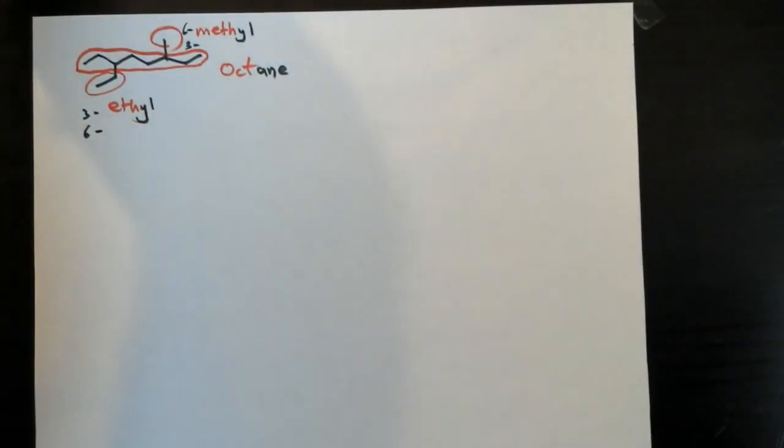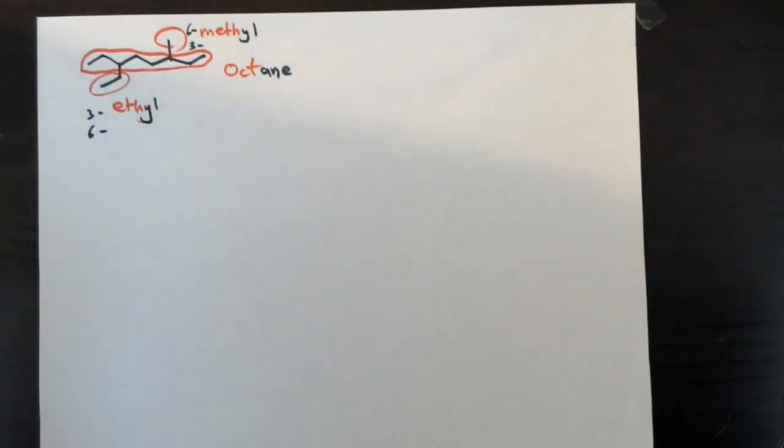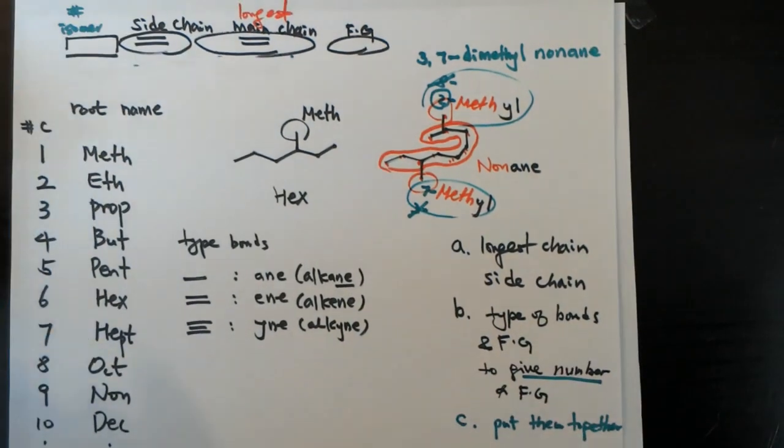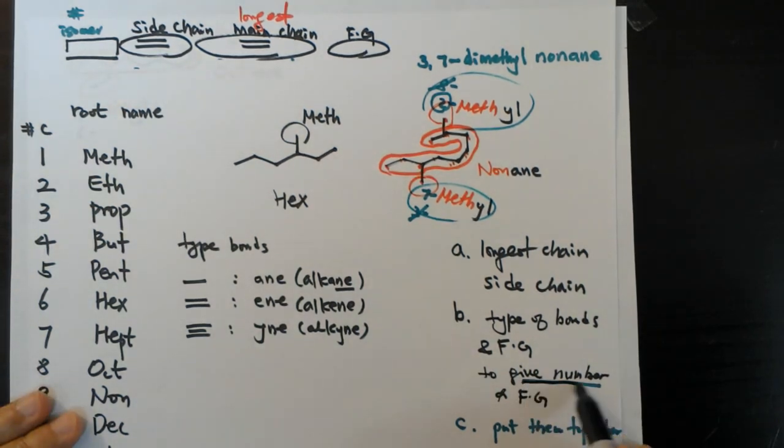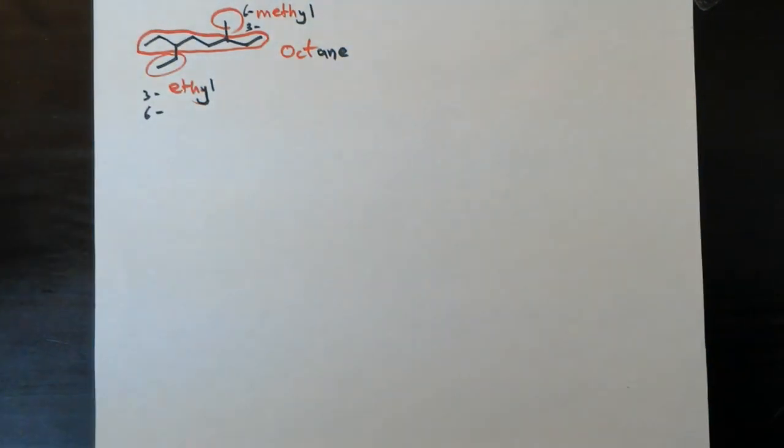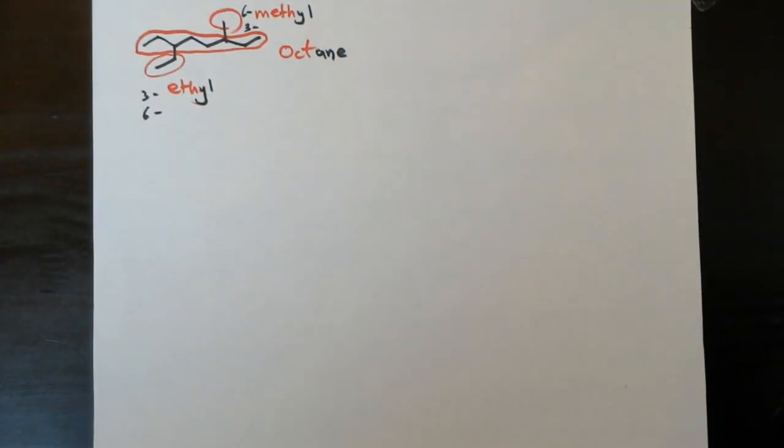And there you have to add one more rule to this. When you give lowest possible number for the first functional group, then side chain, but when you have more than one side chain with the same number, then you give alphabetical order, which means lower alphabet group gets lower number.